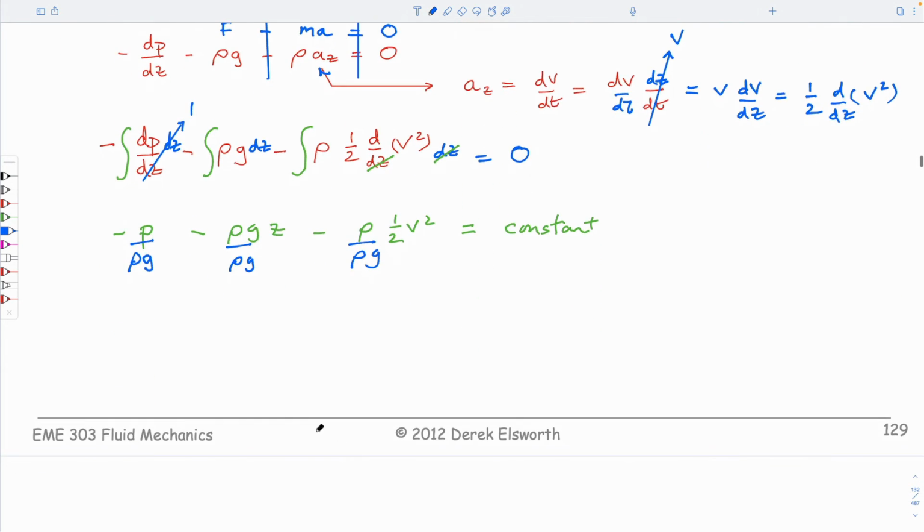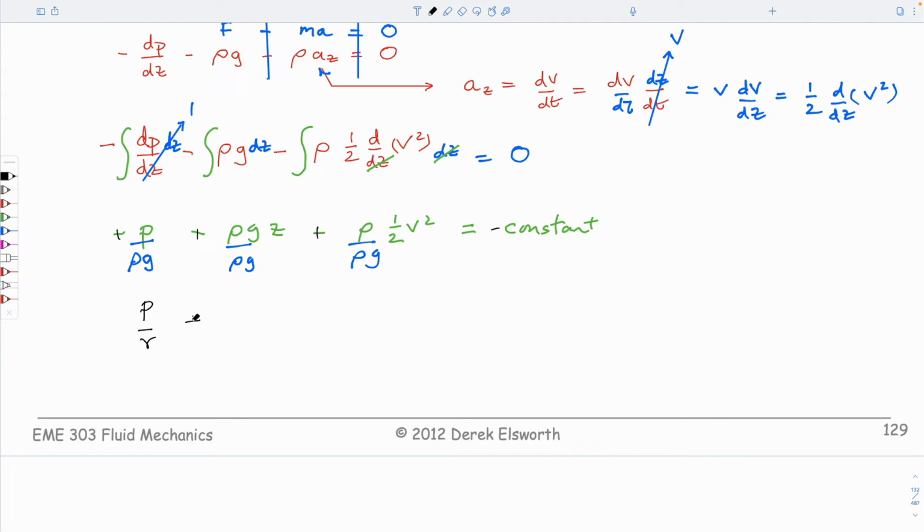And then the form in which I always write this, the final form of this, is pressure head. And we could put these equal to positive because we can do that, and it just changes the form of the constant.